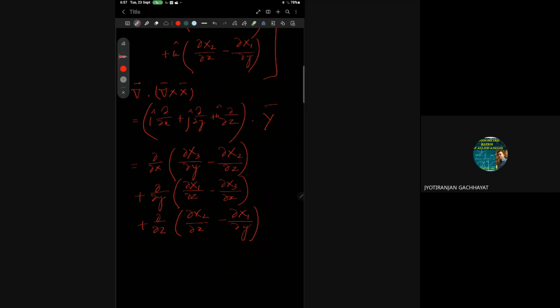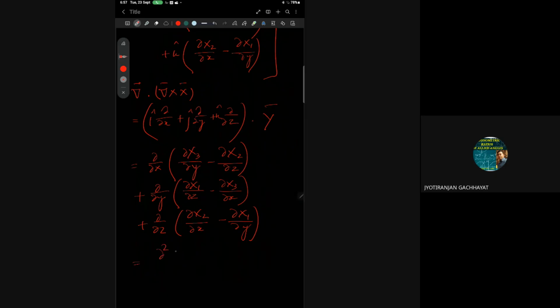Considering that taking the derivative with respect to x first and y second is the same as y first and x second, if we have such functions, what will it be?